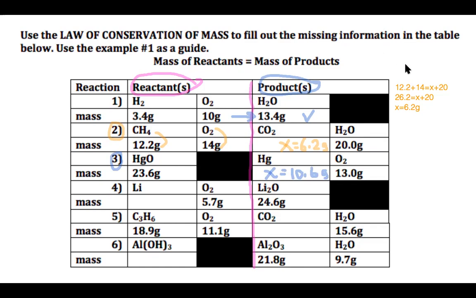Okay. Let's answer the fourth one. So you have lithium. You don't know how much is lithium. And you have oxygen 5.7 and it gives you 24.6. So that is X plus 5.7 equals 24.6.